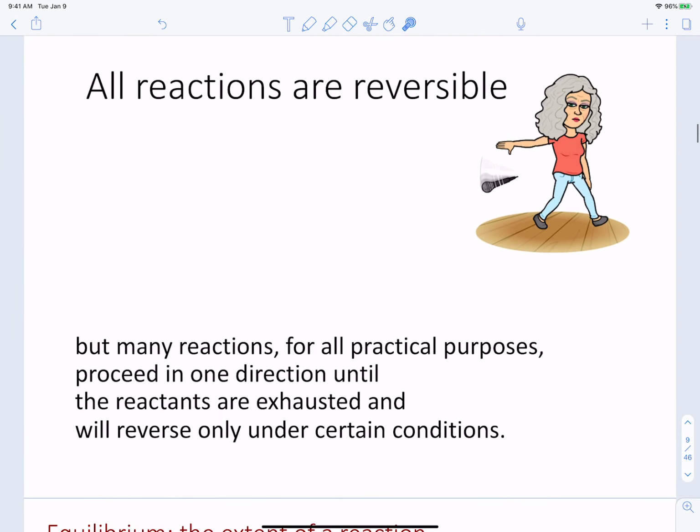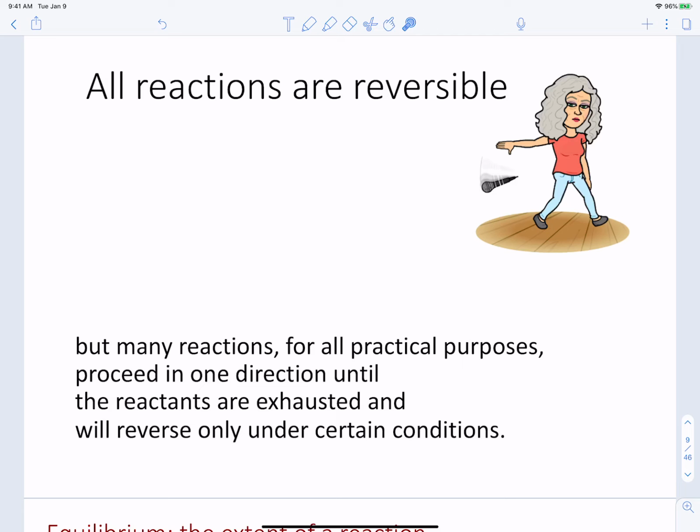And so one of the take-home messages is that all reactions are reversible. But for many reactions, they typically proceed in one direction until all the reactants are exhausted, and then they'll only reverse under certain conditions. So for example, when we talk about a phase change like ice going to liquid water, that is typically going to occur in the forward direction at high temperature.